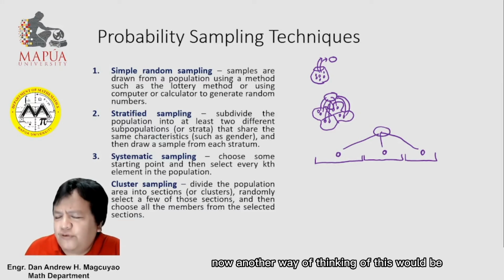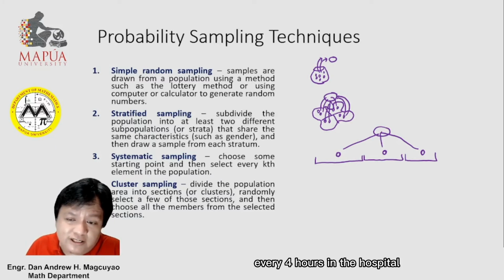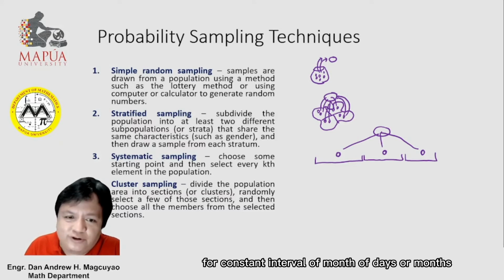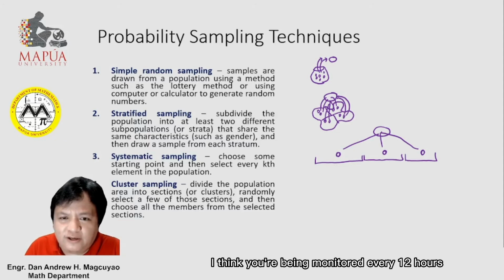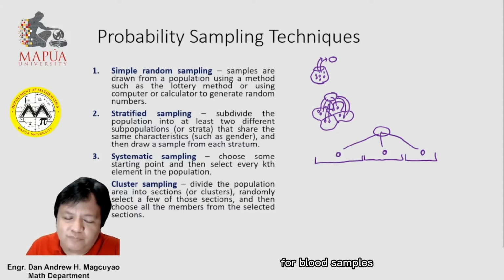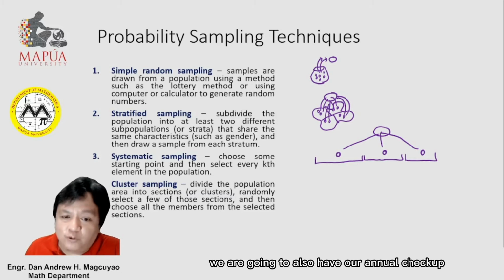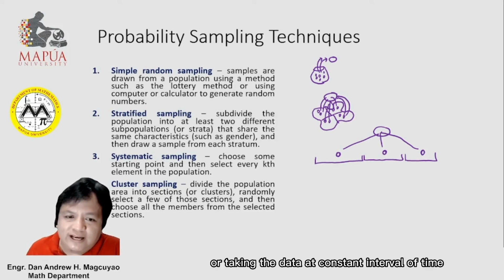Another way of thinking of this would be taking your body temperature every 4 hours in the hospital, taking your blood sample at constant intervals of days or months. When you're having dengue, I think you're being monitored every 12 hours for blood samples. Taking the blood pressure, or our annual checkup. So there is taking the data at constant intervals of time.